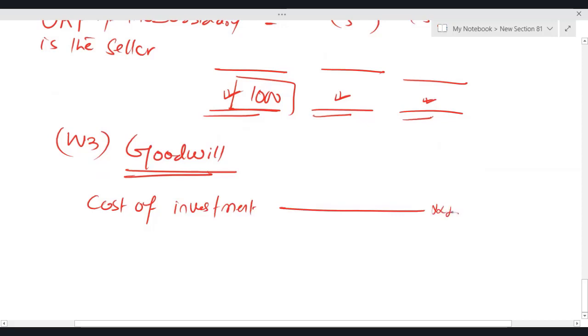Then we simply take NCI at acquisition. Let's say, make it easy, fair value of NCI at acquisition.